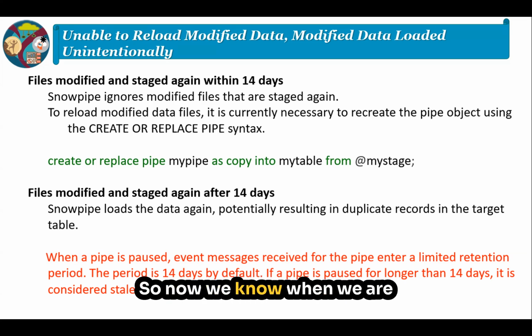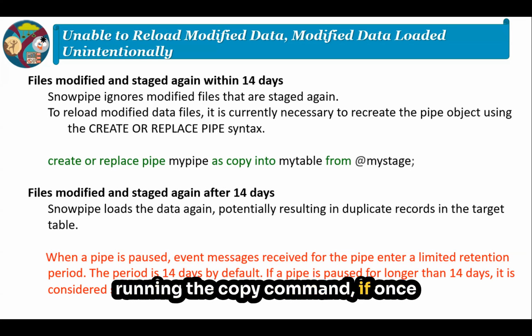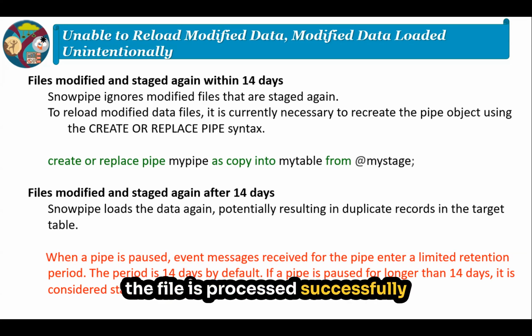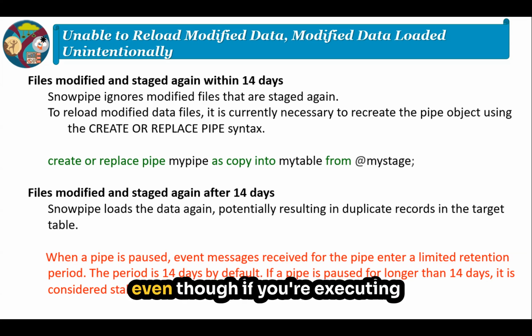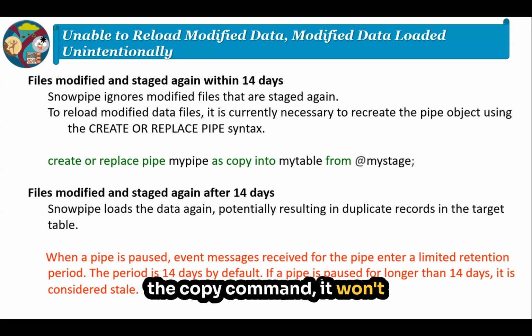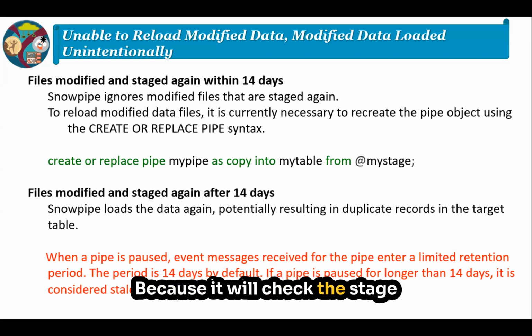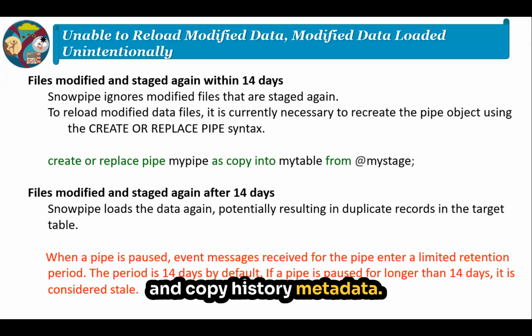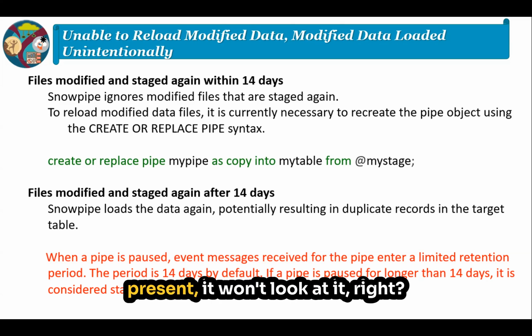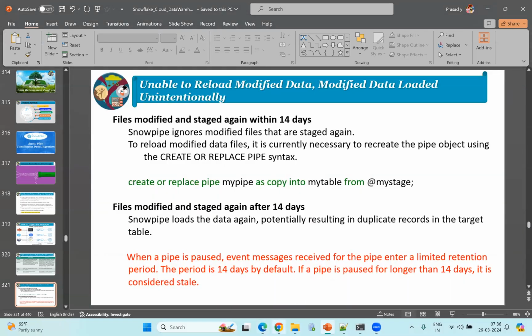So now we know when we are running the copy command, once the file is processed successfully and the data is loaded into the table, even if you execute the copy command again, it won't process it, right? Because it will check the stage and copy history metadata, and if the data is already present it won't load it, right? That's what we have seen.